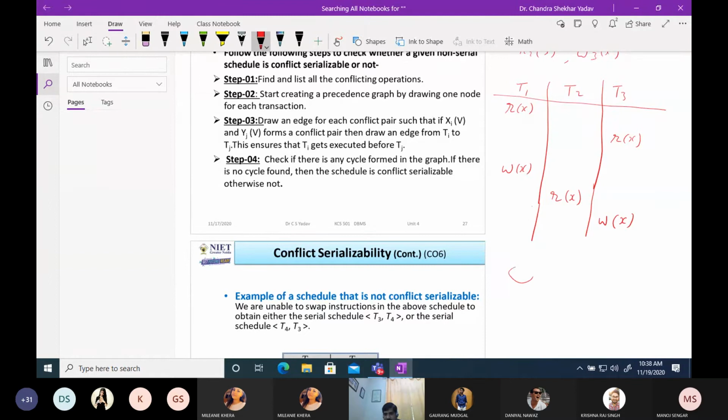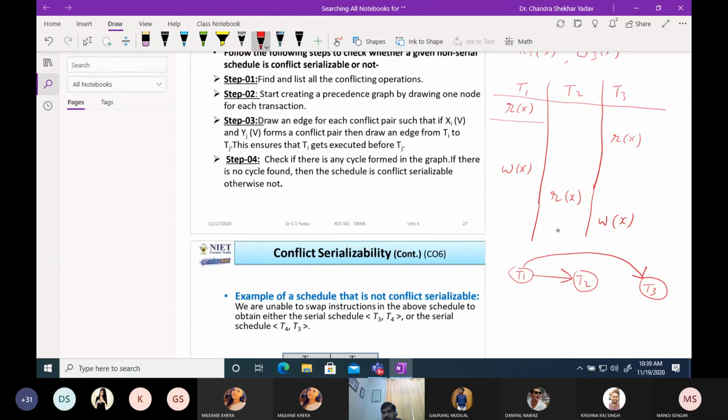Here T1, T2, T3. So we will see these instructions. With this, no conflict. Then with this, no conflict. And here conflict occurs. So we will draw an edge from T1 to T3.